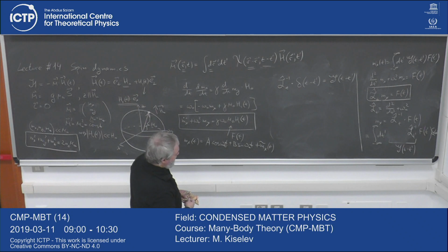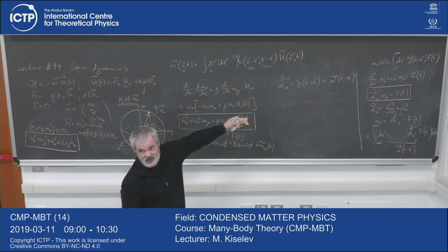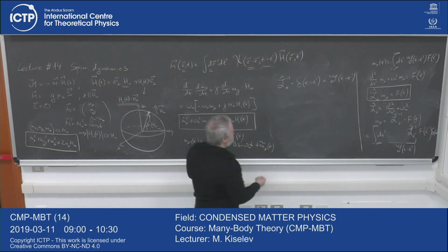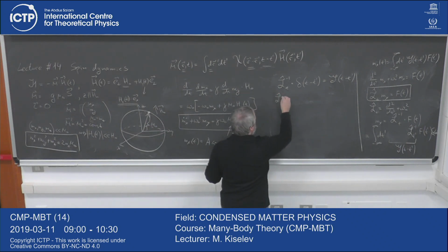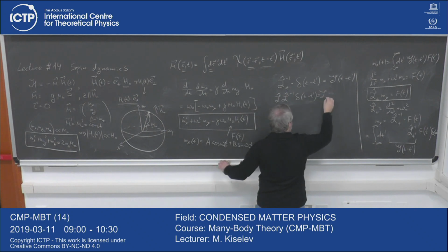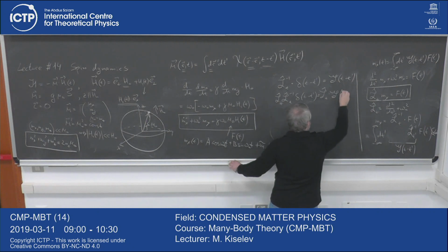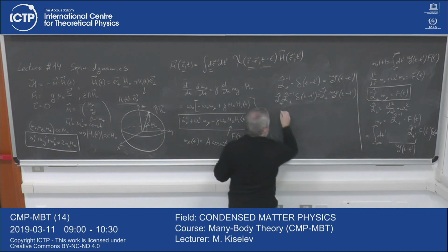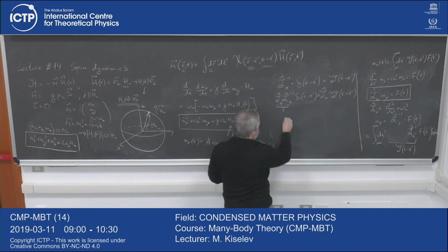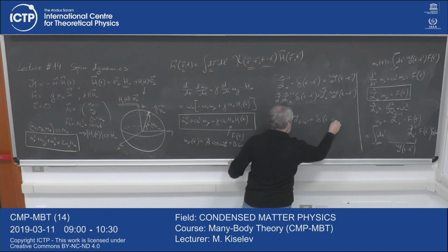Therefore, if I multiply this formal equation by operator L in the left hand side and the right hand side, what I get is L minus 1 delta (t minus t prime) is equal to L(t) times g(t minus t prime), and since this is 1, I have the equation that L(t) times g(t minus t prime) is equal to the delta function (t minus t prime).